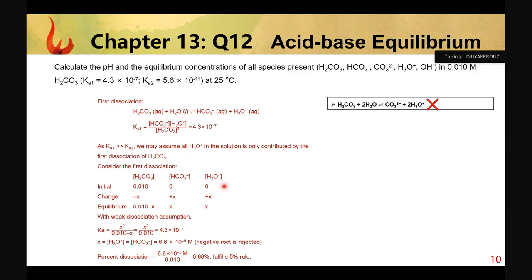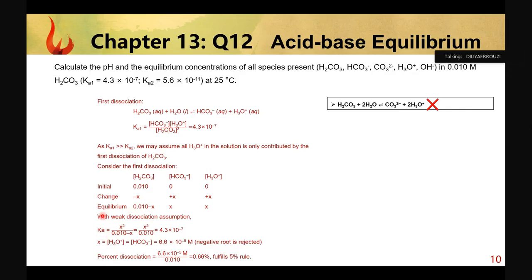These two didn't exist before the reaction. Then for the change, we lose one H2CO3 to produce one HCO3 minus and one protonated water, so the change is lose x, add x, add x. So the equilibrium, we can calculate it like this.